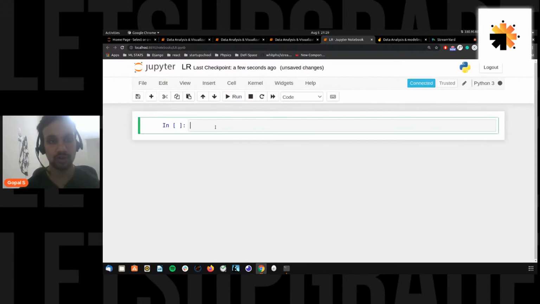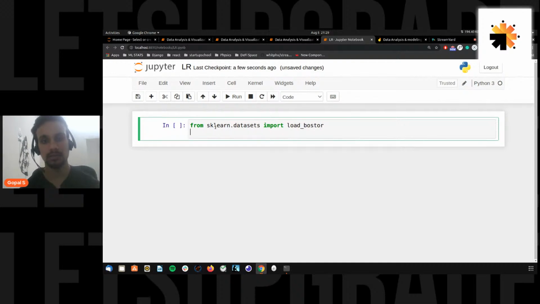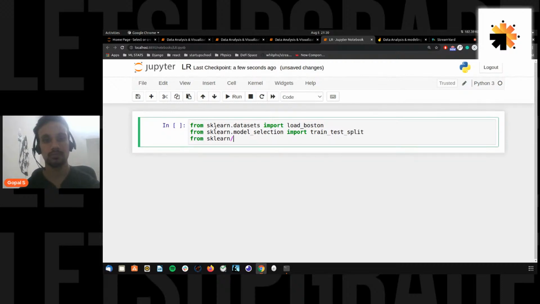So I'm going to write from sklearn.datasets import load_boston.